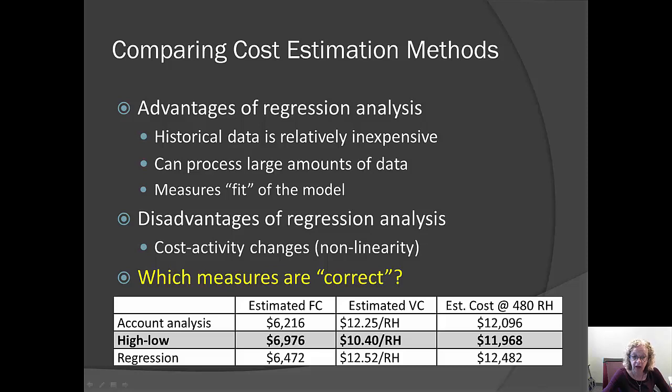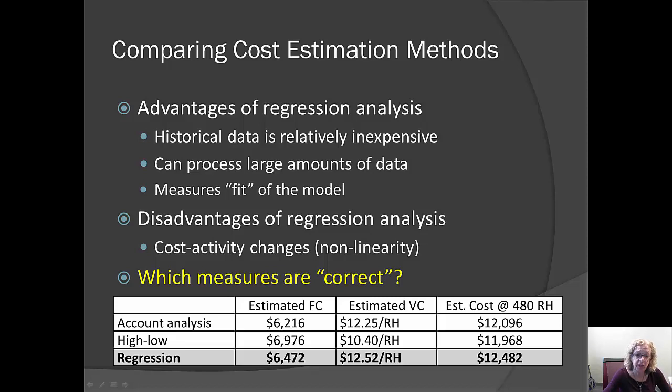Here's our result for the HighLow method, and we notice that the HighLow method estimated a larger amount of fixed costs and a much smaller amount of variable cost per repair hour. Here's our result from regression analysis, and we notice that the fixed cost was somewhere in between the other two, and the variable cost was a little bit higher.